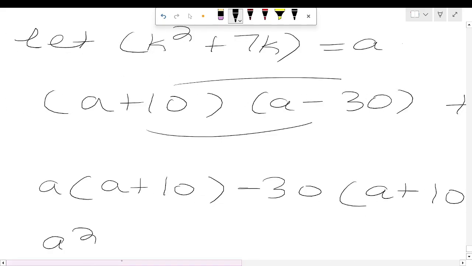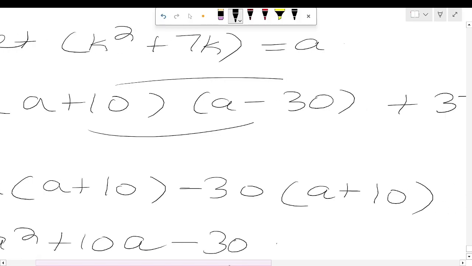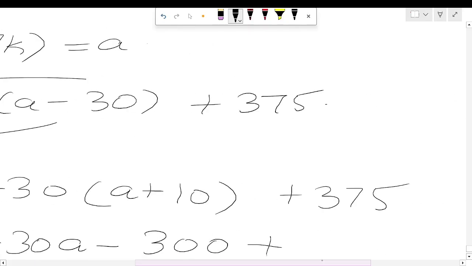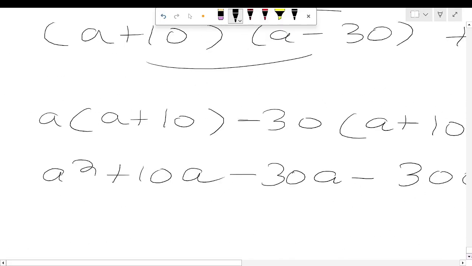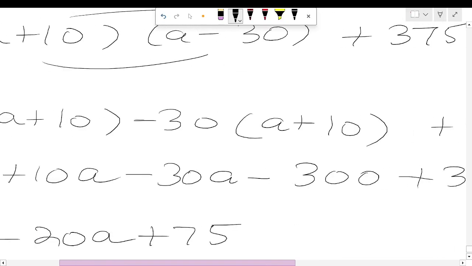Okay, so a square plus 10a will be subtracted from 30a, minus plus is minus, and then we have 300 and added with 375. Okay, so after this I just have a square, both of these will be cancelled and they will produce 20a, and then 300 subtracted from 375 is 75.